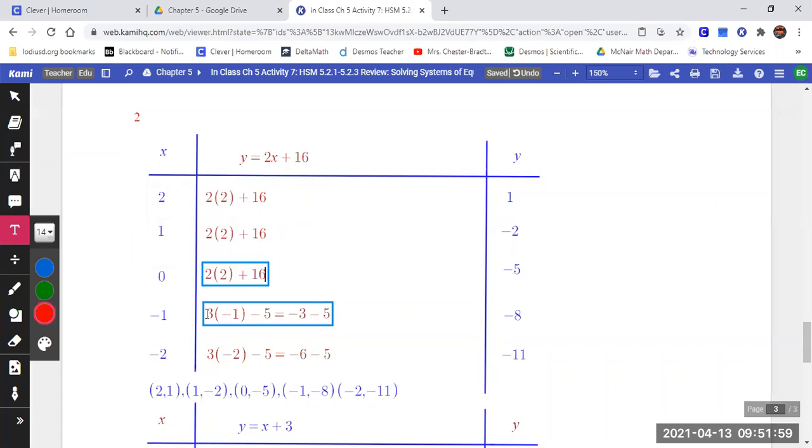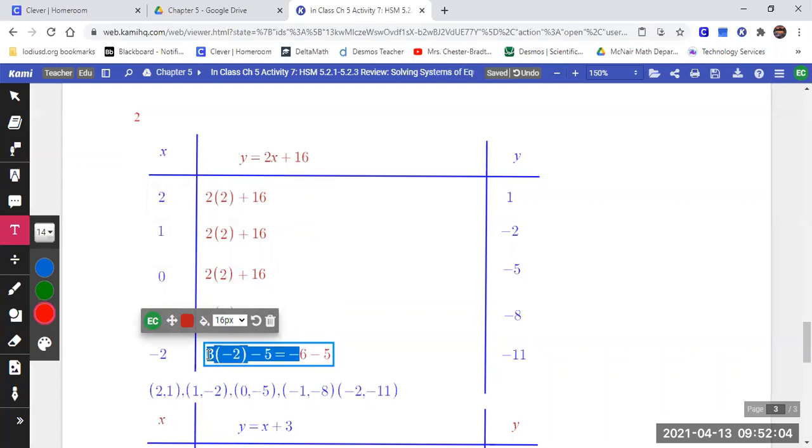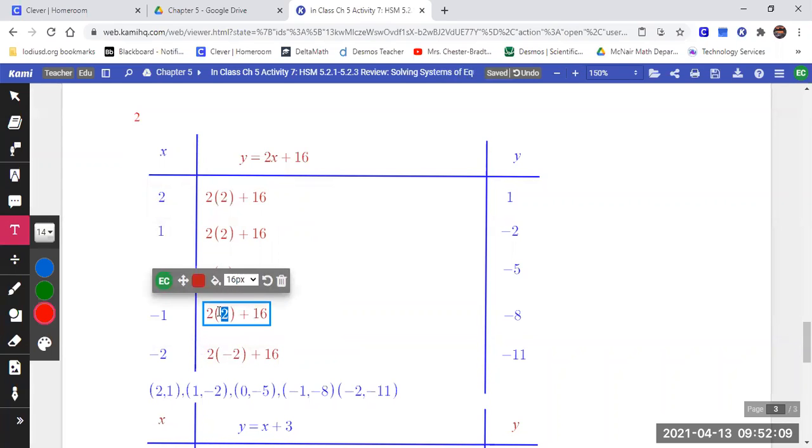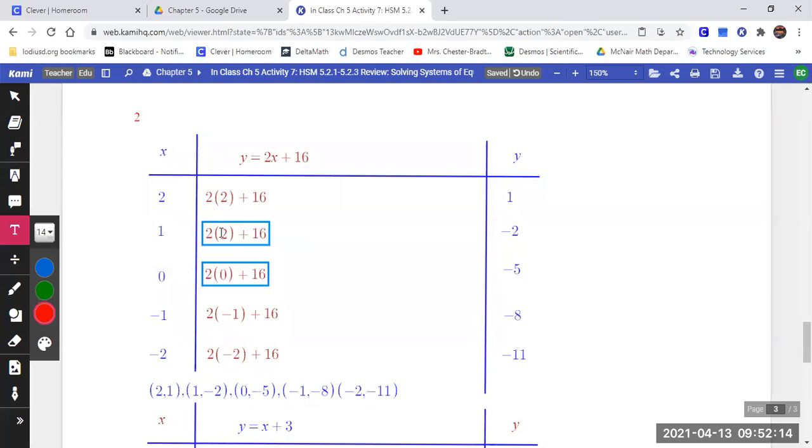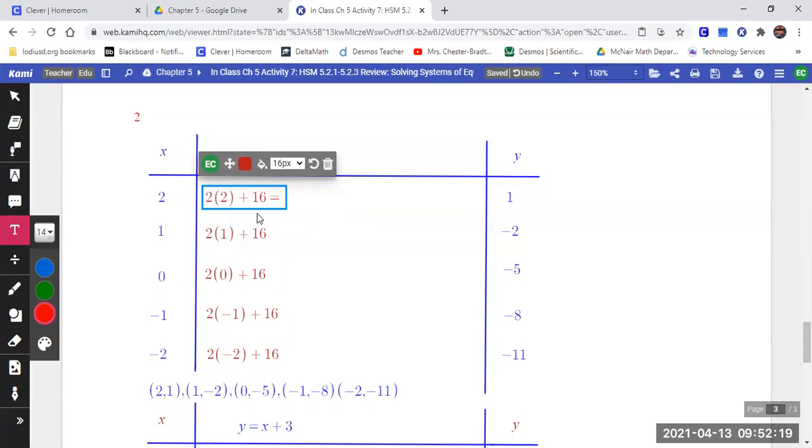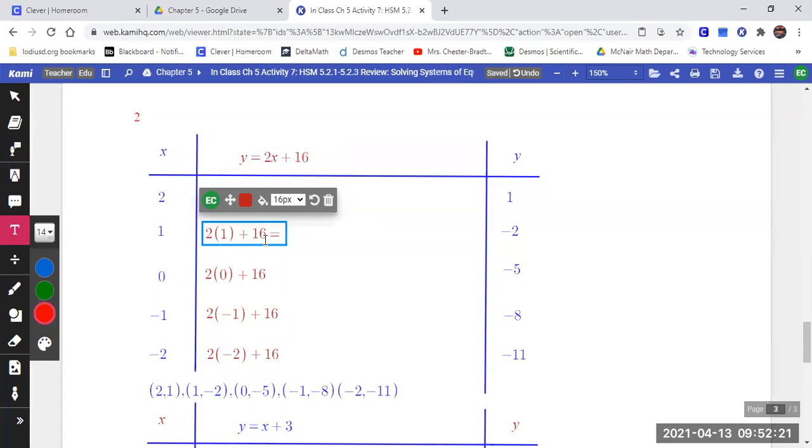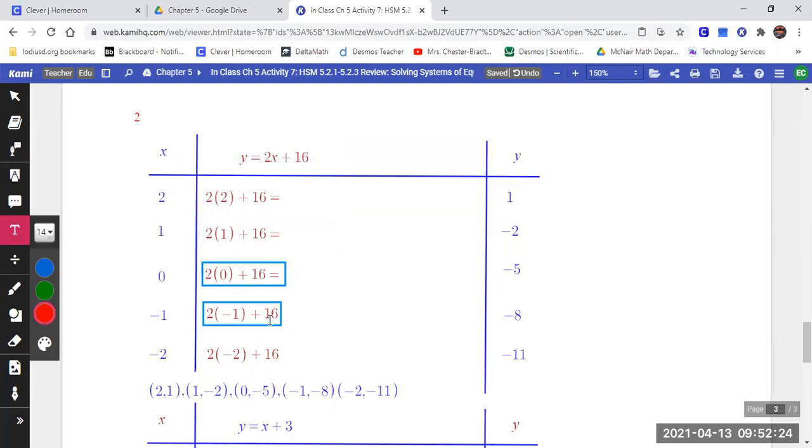But we can copy and paste because we're virtual. Right? Same process we just got done with. We just changed up the numbers a little bit, right? All right, so we changed up the numbers. We have to solve the 2 times 2 thing.